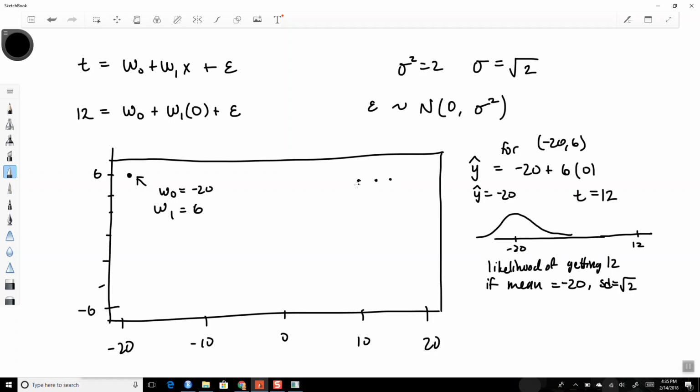So at the coordinate 10, 6, it would be 10 plus 6 times 0. And so our y hat would be equal to 10, and we can say, all right, what's the probability of getting 12 if our mean is 10?